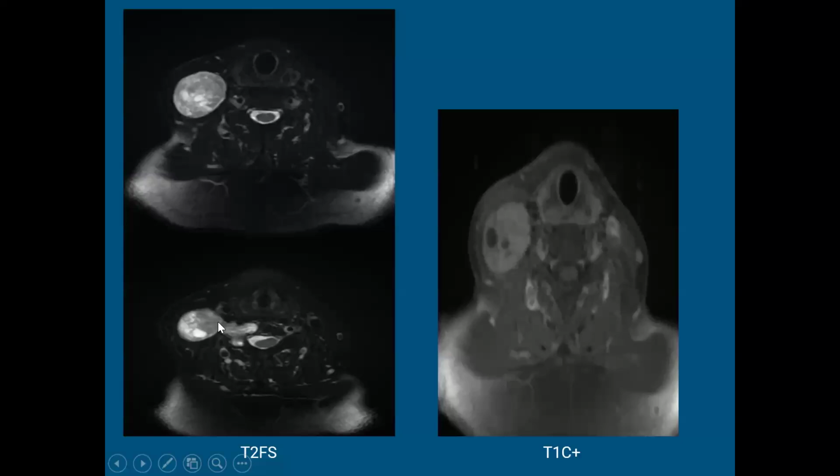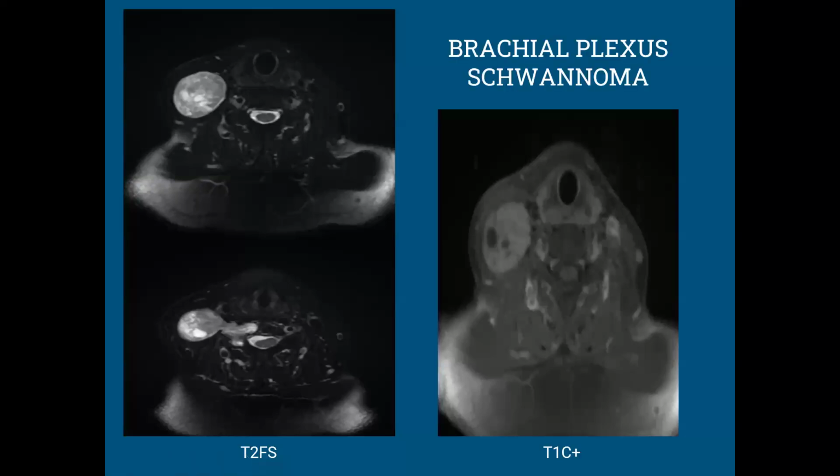We can see it's arising from the neural foramen, and on the post contrast images it shows heterogeneous enhancement. We can see the enhancement of the solid component and the non-enhancing cystic component. So this is a solid cystic mass arising from the neural foramen. This is a case of brachial plexus schwannoma, and this is one of the pathologies which can arise in the perivertebral space.